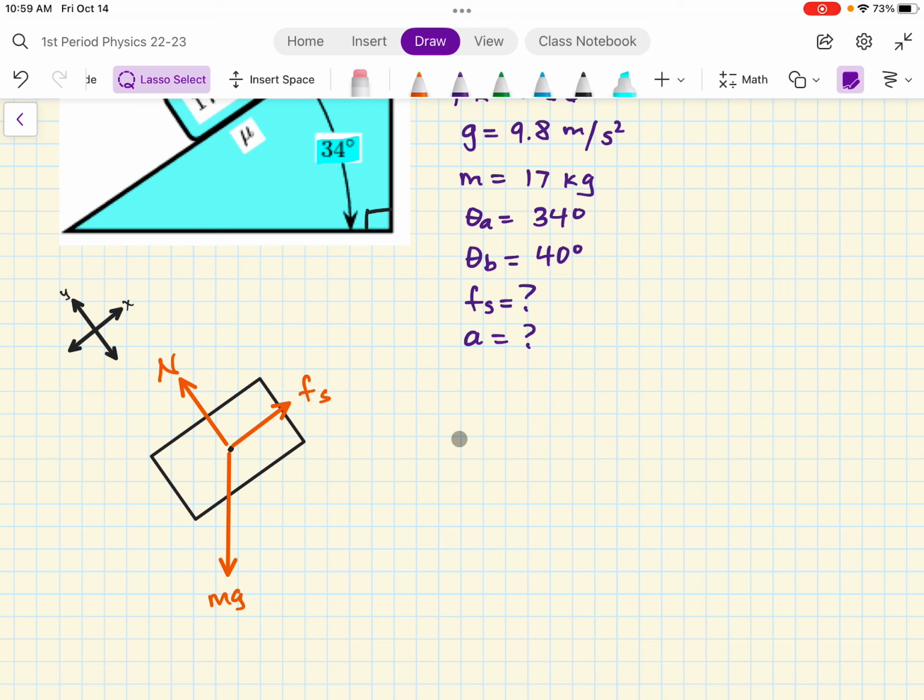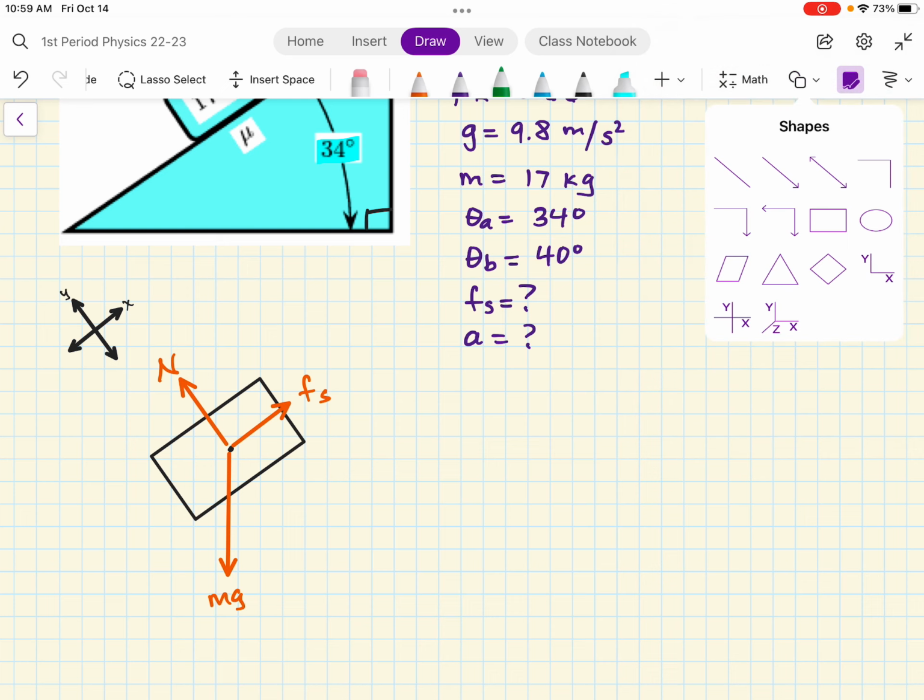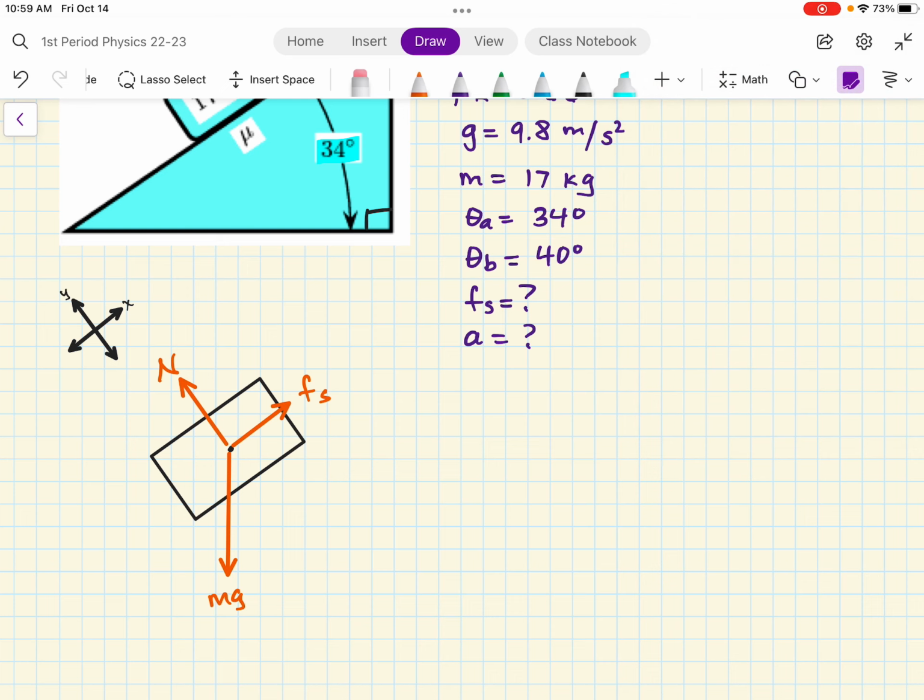No, let's add them now. Let's just add the components of the force. As we said, we have a component of the weight acting along the y direction, which should be equal and opposite to the normal force. This one I'm going to call mgy.